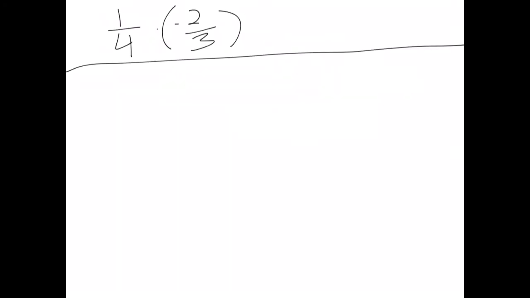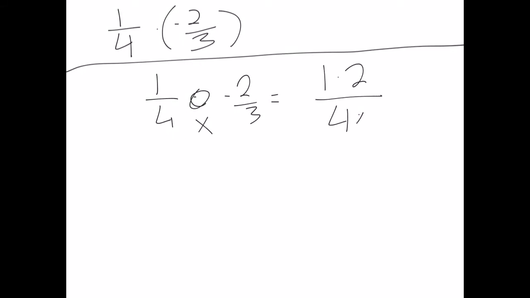To multiply these fractions, first let's write them out. And if you can't tell here, this is a multiplication sign, the dot. So I'll just circle that for you so you know. So it'll be 1/4 times negative 2/3. So then what we do is we go 1 times 2 over 4 times 3.